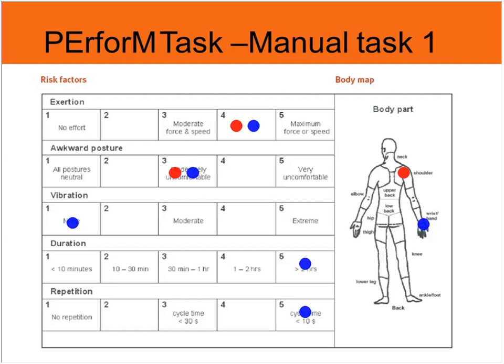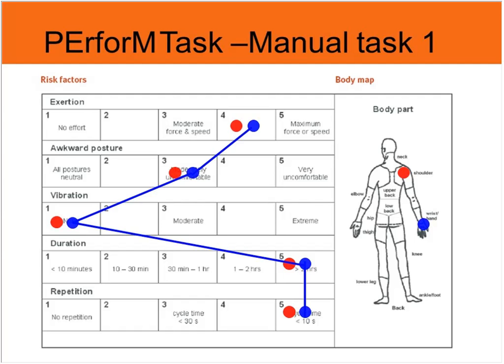Some people might want to go a little bit higher, but happy with around a 3 or a 4 for the shoulder there. Certainly no vibration. Now again, for the duration, it's going to be a 5. We've got over 2 hours. And you'll find that when you do your task assessments, for all the body parts, the duration would generally be the same. And again, the cycle time for the shoulder is also less than 10 seconds.